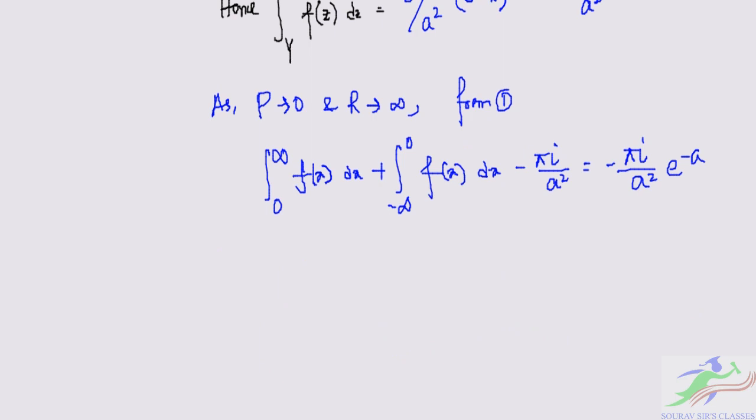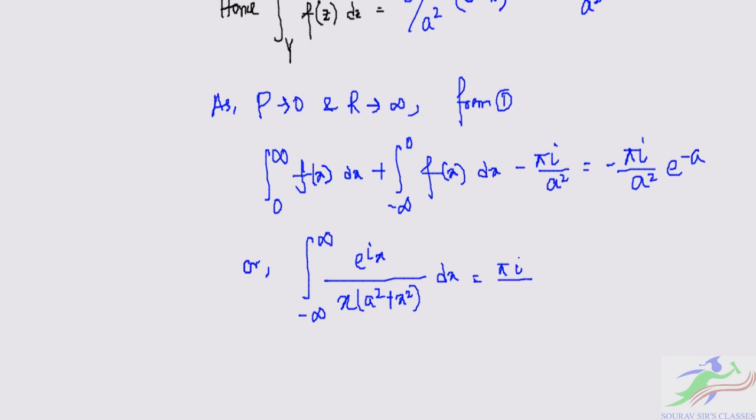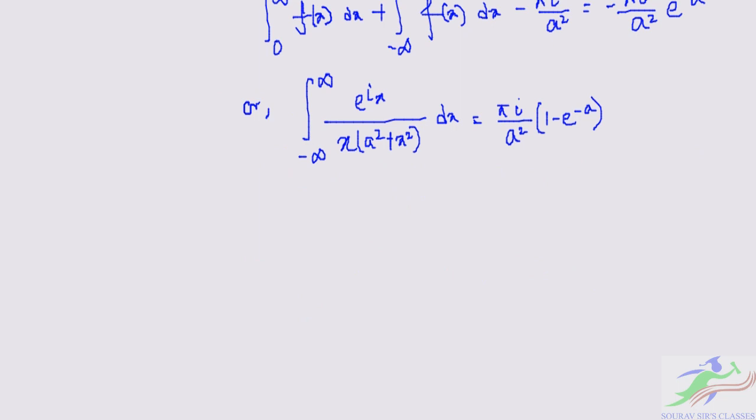Or we can write this as the integral from minus infinity to plus infinity of e to the power ix by x times (a square plus x square) dx, which is equal to pi i by a square times (1 minus e to the power minus a). So equating the imaginary parts, we can get the answer of our integral.